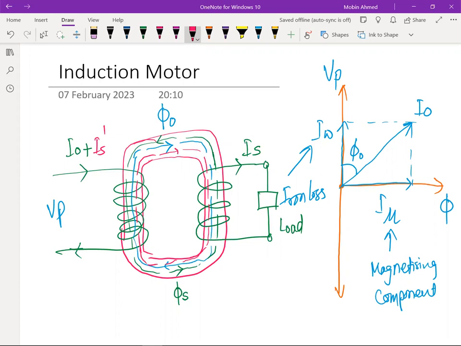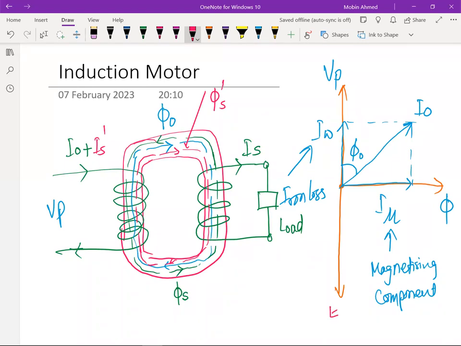So there is again going to be a flux, which is going to be due to the additional current that is going to flow. So we will say phi S. And that is what you mentioned here.